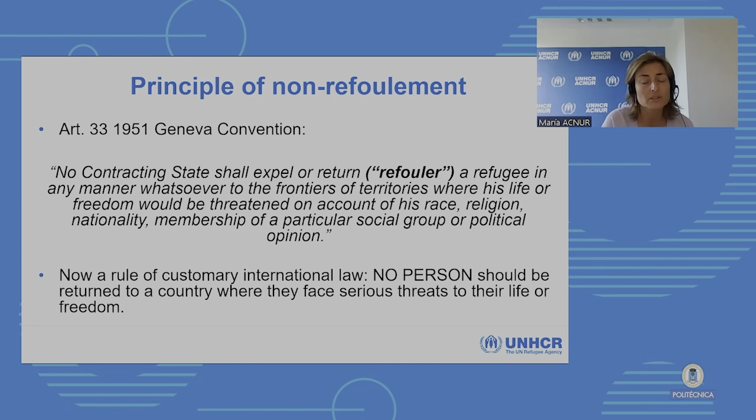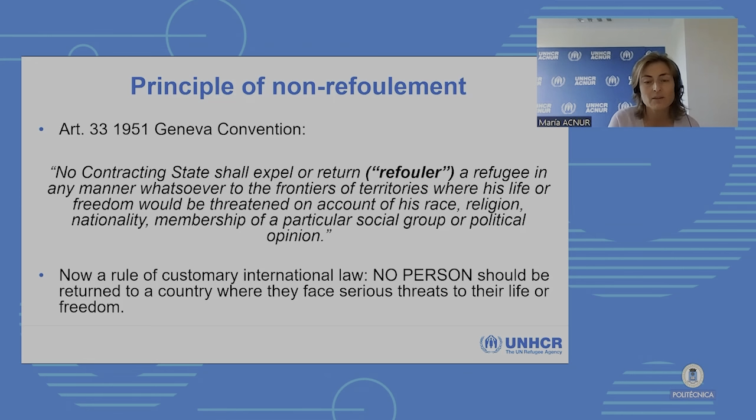But it's so important that it protects not only refugees, it protects any person that applies for asylum. From the minute that the person applies for asylum, the principle of non-refoulement, in Spanish, el principio de no devolución, protects the person from the minute that the person expresses that will.